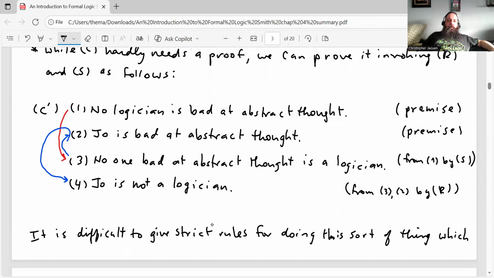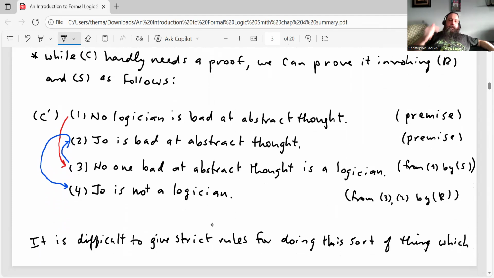So here's the formal proof, which we're labeling C prime. All right. Premise 1, no logician is bad at abstract thought. Premise 2, Joe is bad at abstract thought. And then we have the inference from premise 1 by the inferential form S, that no one bad at abstract thought is a logician.